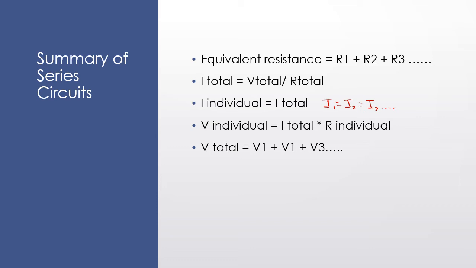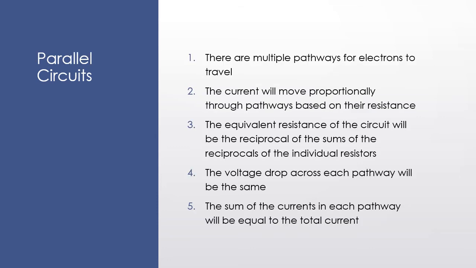The voltage across an individual resistor is going to be equal to the total current times the resistance of that individual resistor. And then the total voltage is going to be equal to the sum of the individual voltages across each resistor.